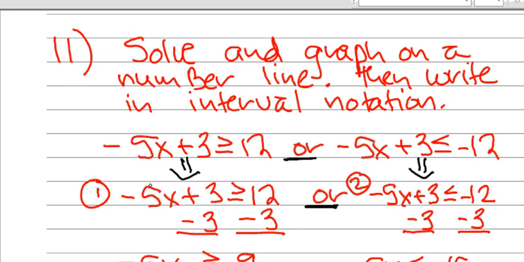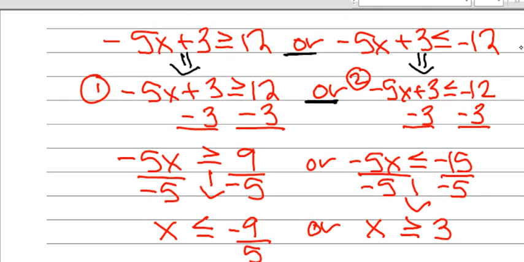I'm going to subtract 3 from both sides. I'm going to start on the left-hand side. After I subtract 3, I get negative 5x is greater than or equal to 9. So I want to divide both sides by negative 5.